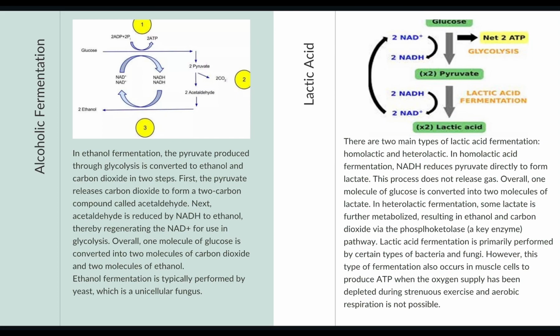First, they lose carbon dioxide to become acetaldehyde. Then acetaldehyde is reduced to ethanol, regenerating NAD positive from NADH in the process. This entire sequence enables the cell to generate energy and produce ethanol as a byproduct.